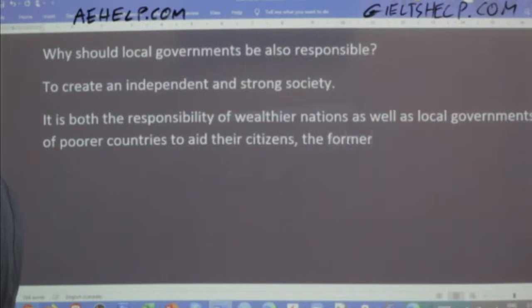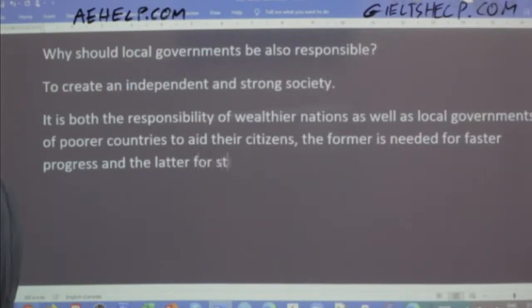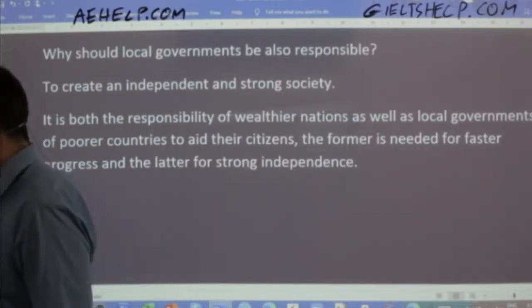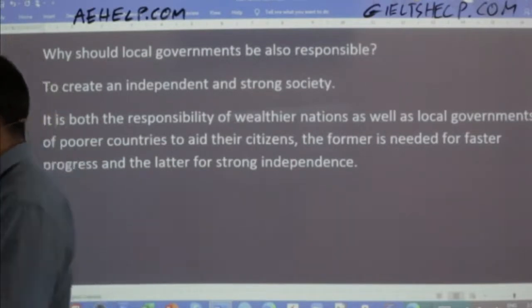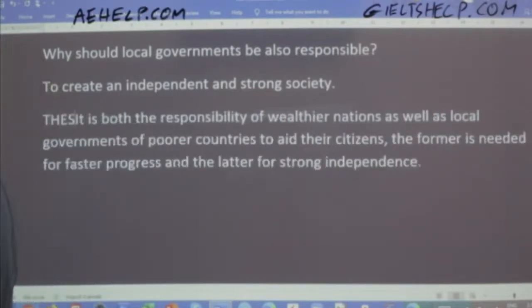The former is needed for faster progress, and the latter for strong independence. Okay, so here is my thesis statement coming out of all of that planning.